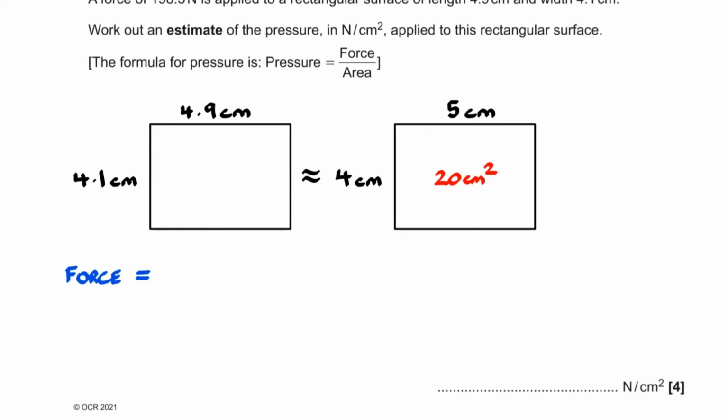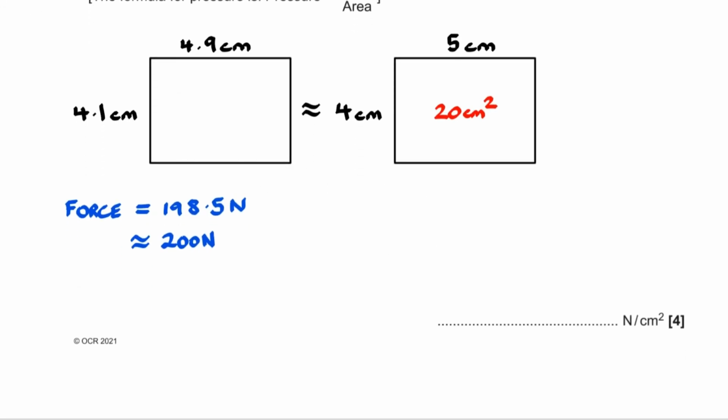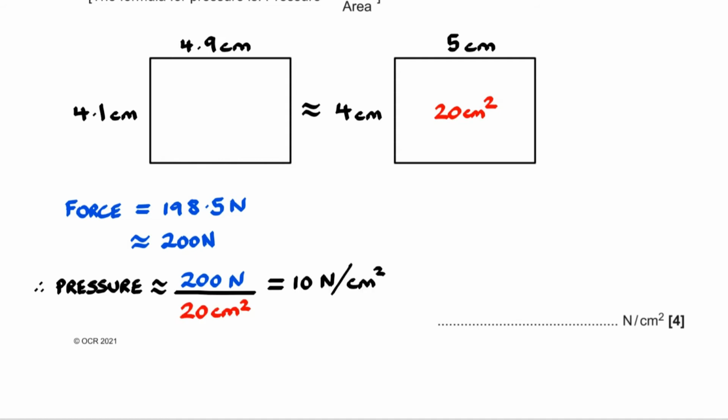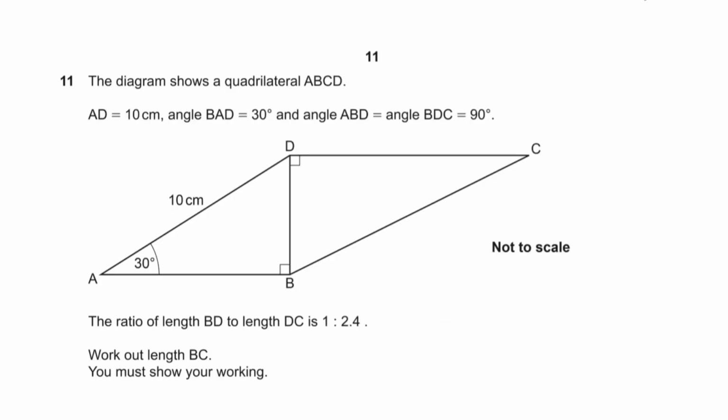We are given the force, that's 198.5 newtons. That's approximately 200 newtons. And if we use the formula for pressure, that's force divided by area, the pressure is approximately equal to 200 divided by 20, which is 10. So the pressure is approximately equal to 10 newtons per centimeter squared.